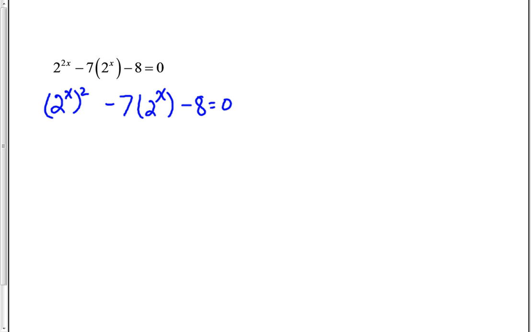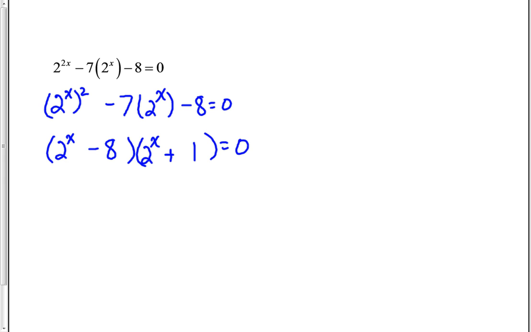Something squared minus 7 times something minus 8 equals 0 is a simple trinomial. I have 2 to the x at the beginning. I need two numbers that multiply to negative 8 and add to negative 7. It would be negative 8 and 1.